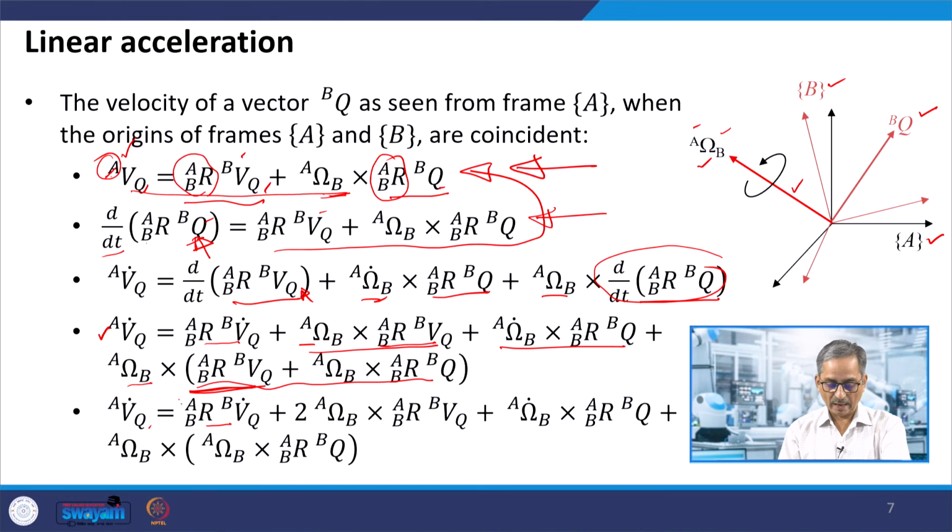So it is 2 omega cross this one, plus the same term over here, plus omega BA cross omega BA cross q^B from B to A. This way I can get the acceleration of vector q expressed in terms of frame A.